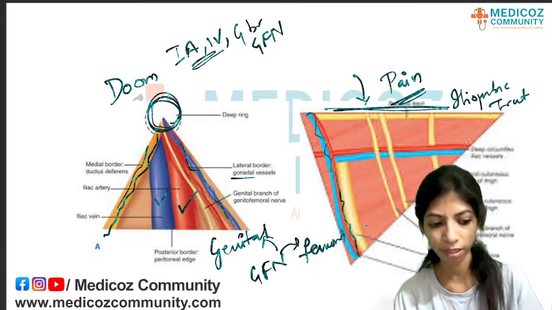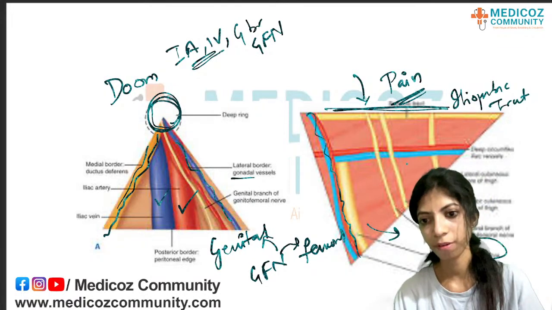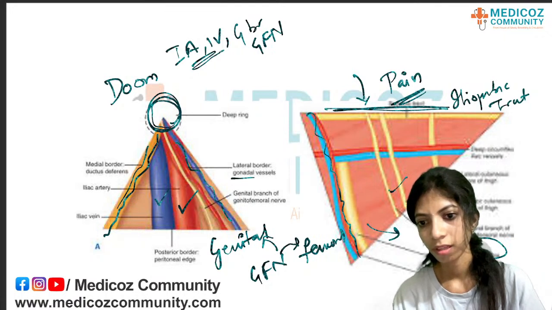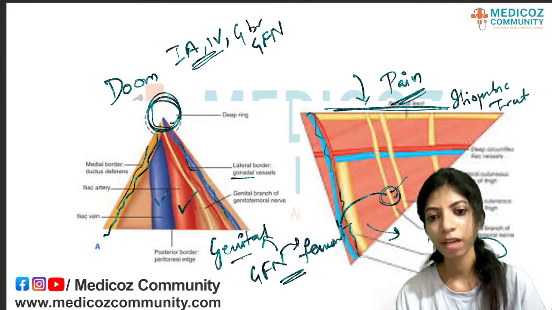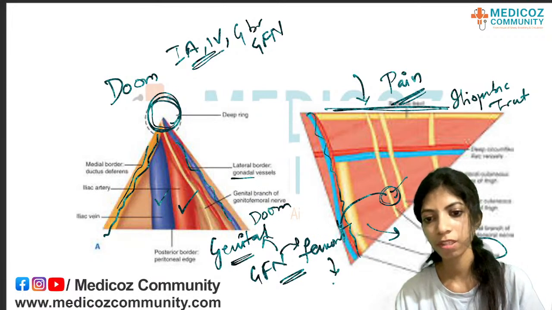These are the femoral nerve, and these two are your femoral nerve, and this is your femoral branch of the genitofemoral nerve. The genital branch is present in the triangle of doom, and your femoral branch is present in your triangle of pain. So femoral branch of the genitofemoral nerve, what are the other two?